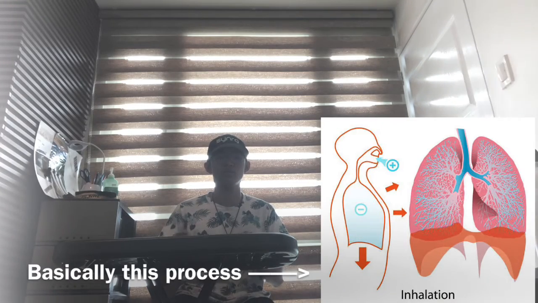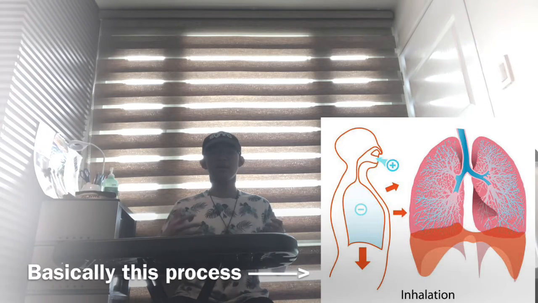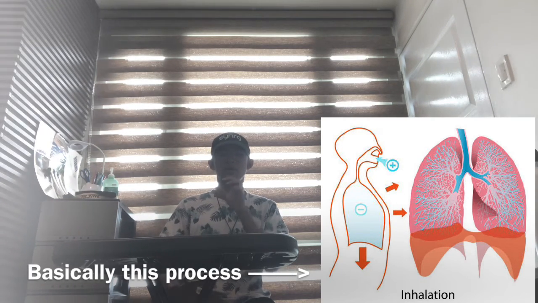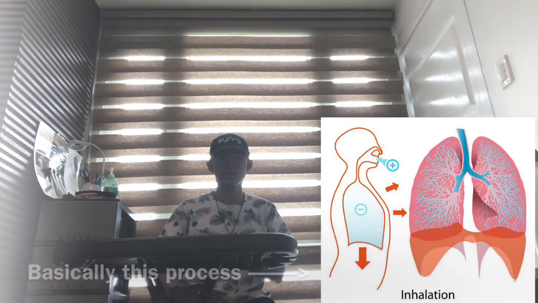Same thing here. In this case, the volume increases when you breathe in, and when the volume increases, the pressure in the lungs decreases. In turn, that makes the atmospheric pressure bigger than the lung pressure, and because of that, it allows the oxygen to enter your lungs.